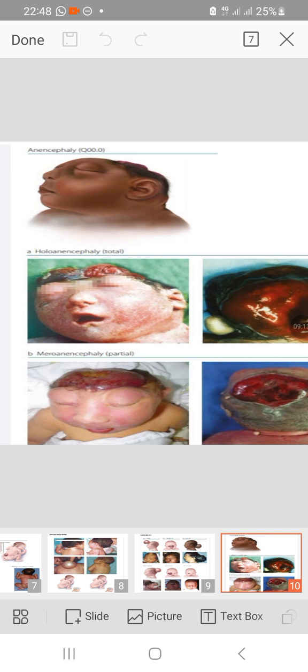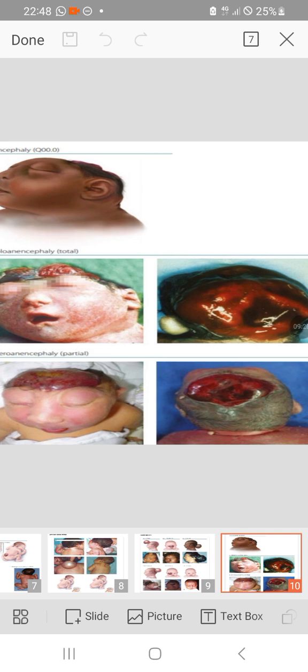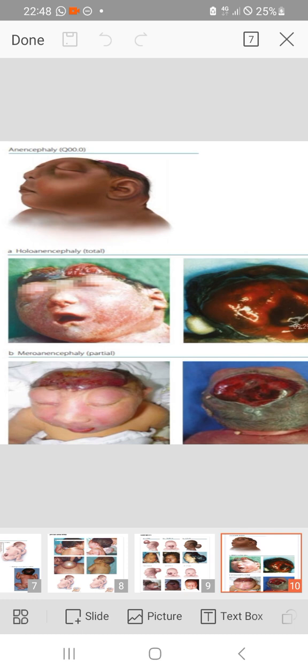So these are the images. You see the children. This last image seems like the child does not have a brain. People with these defects do not live.